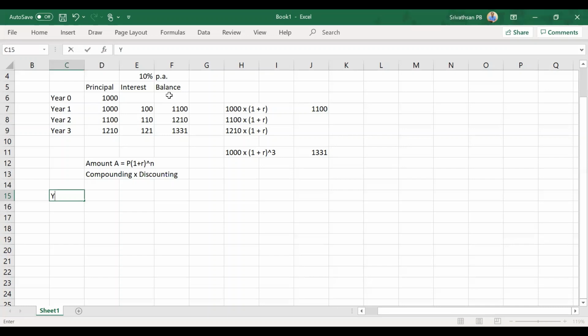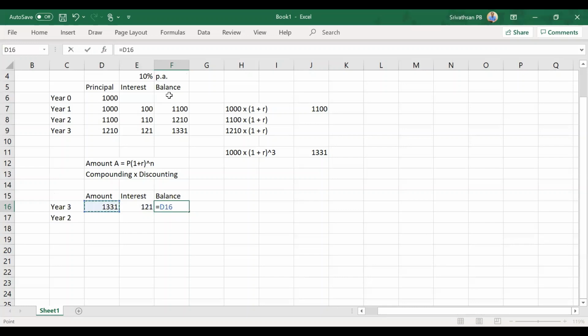Now let's start with year 3. How much did we have? 1331 at the end of year 3. To come to year 2, the balance: this was the amount, interest, balance. What was the interest in the third year? It was 121.